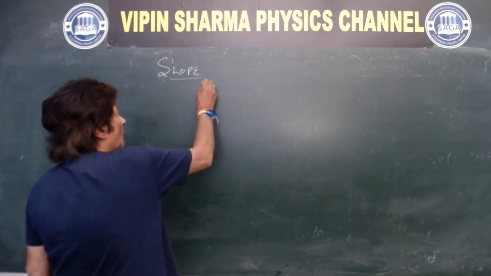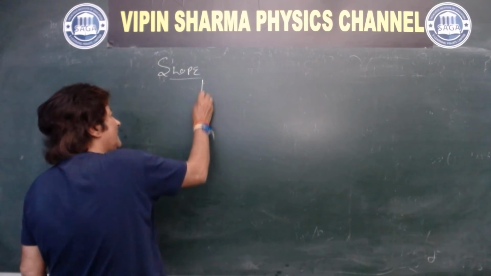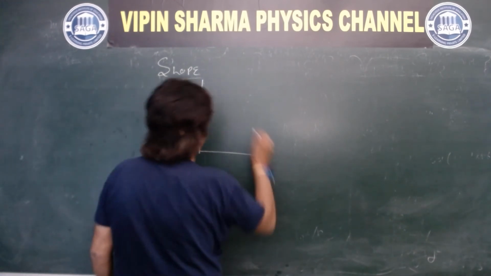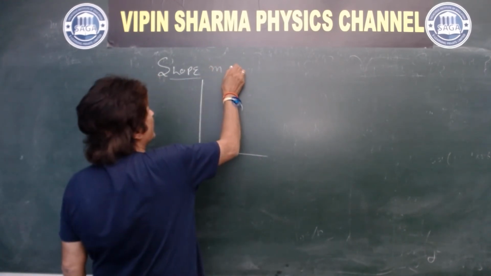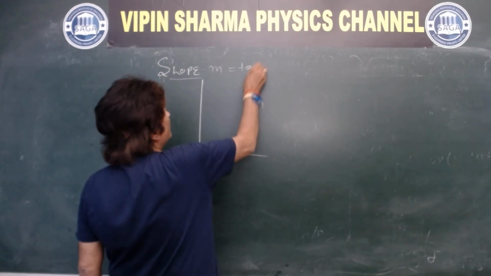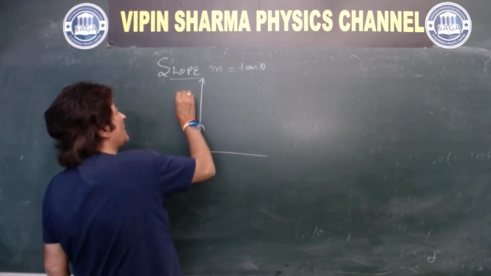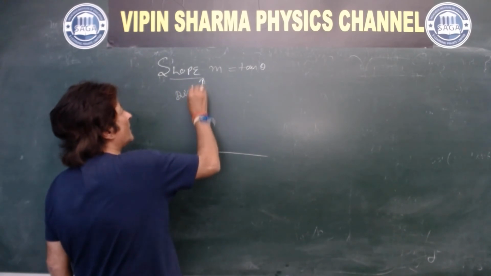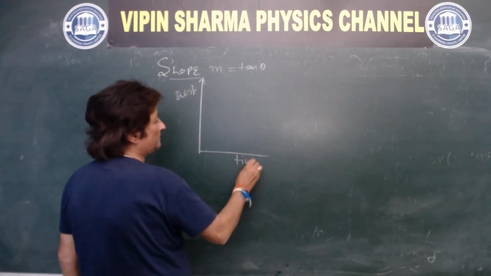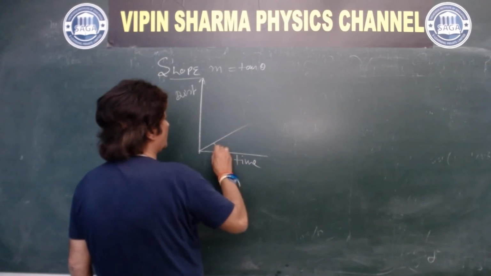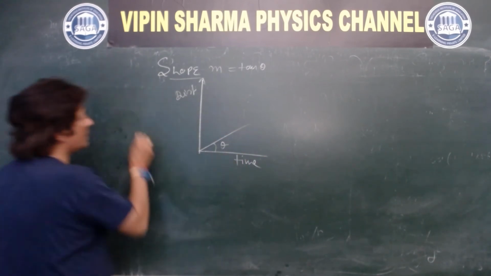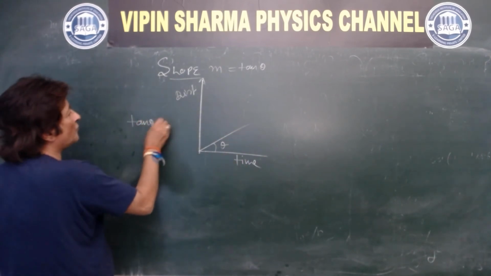See, slope is basically represented by m, which is equal to tan of an angle, say theta. If it is displacement, and if it is time, so this is theta, the slope. Then what is tan theta?